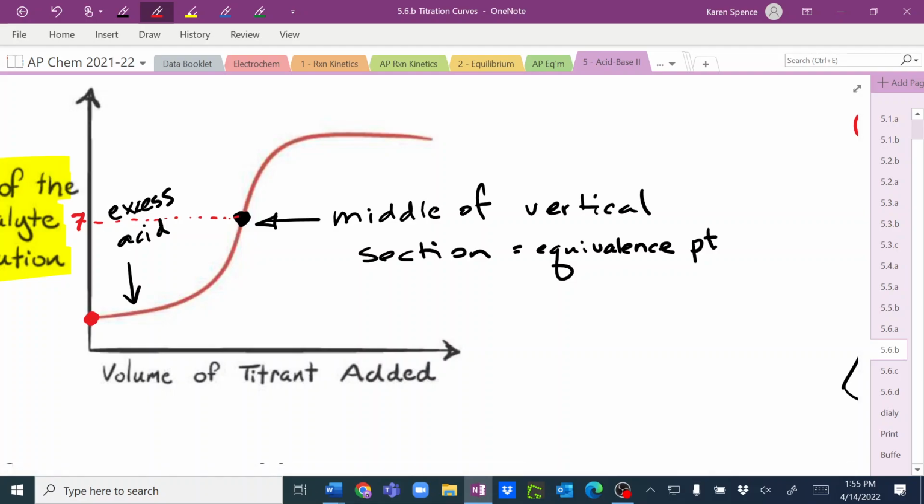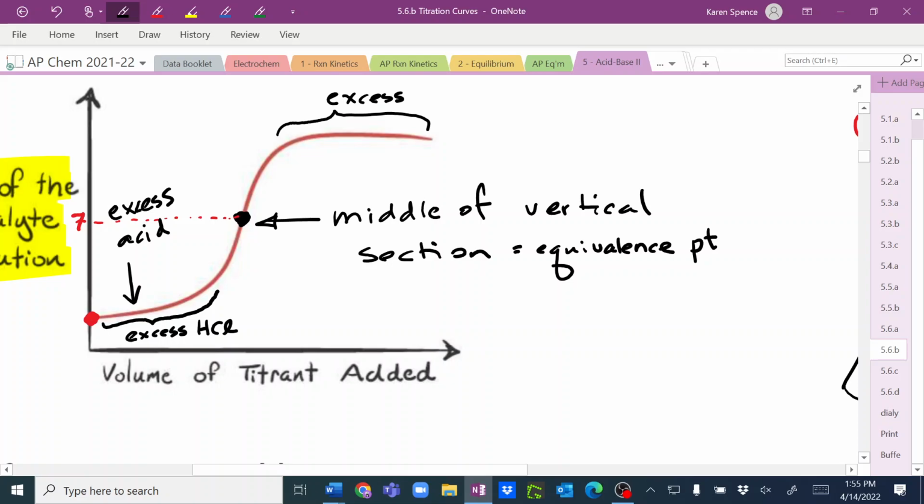So down in this portion of the curve, we have excess HCl, say. Up in this section of the curve, we have excess NaOH.